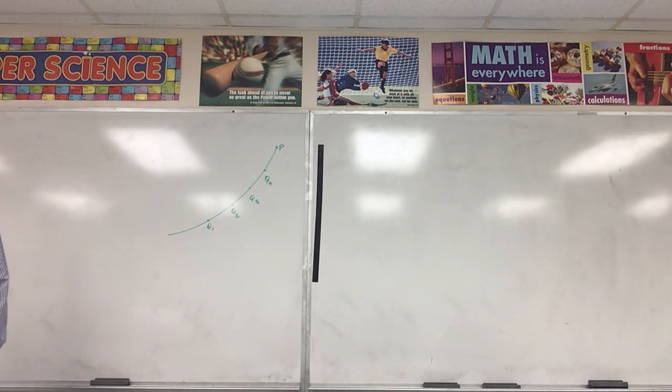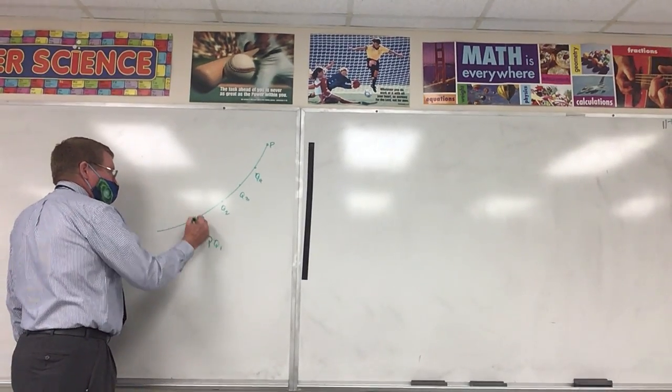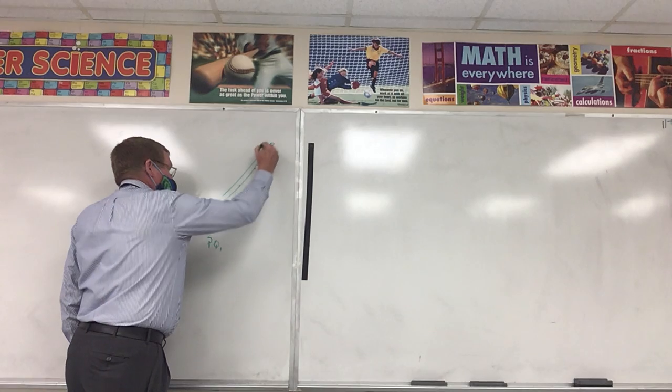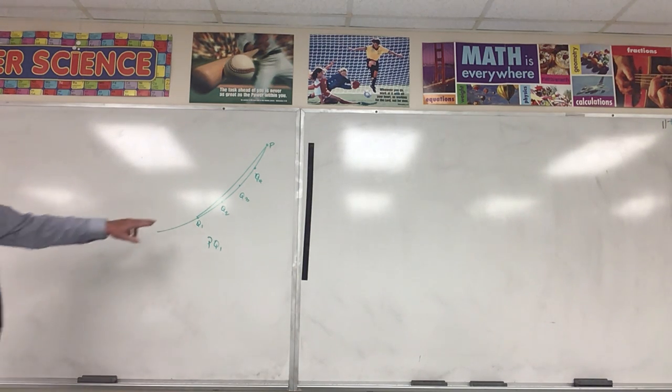They want the slope of PQ1. How do we find the slope of a line?